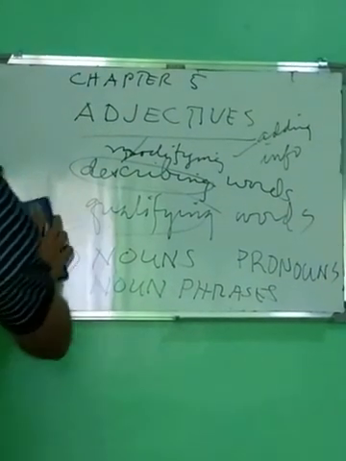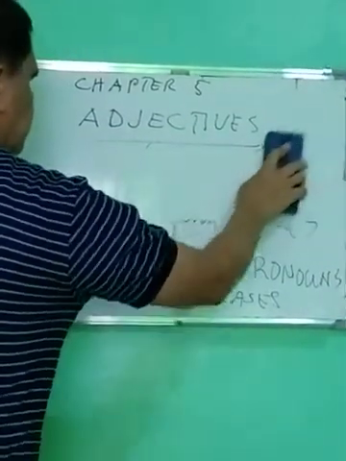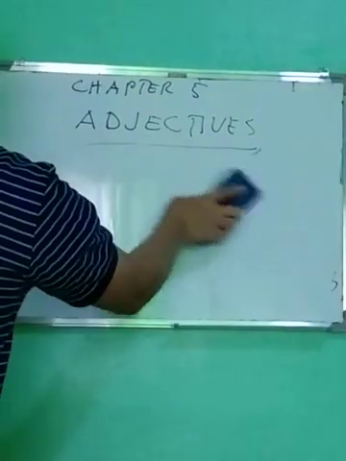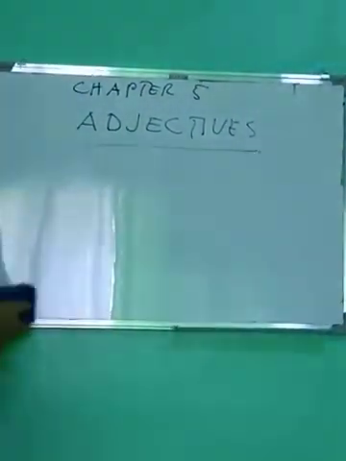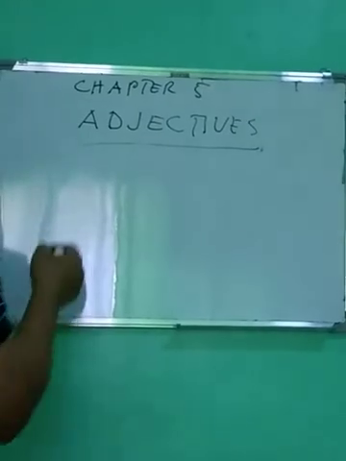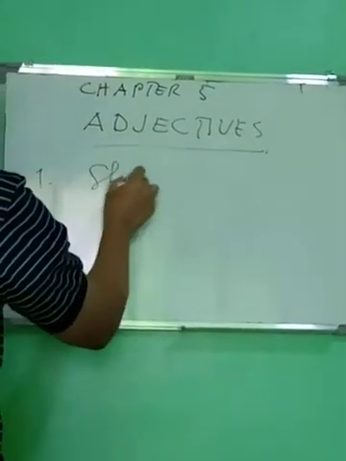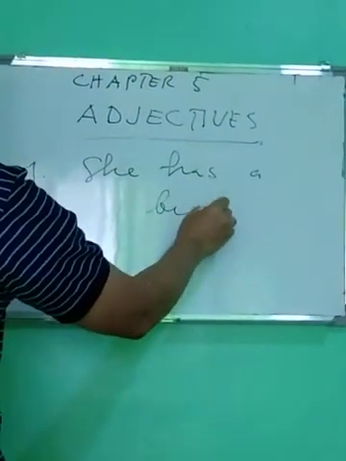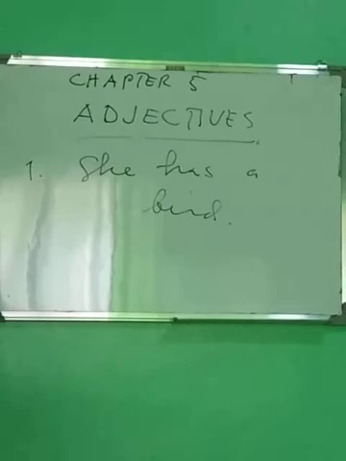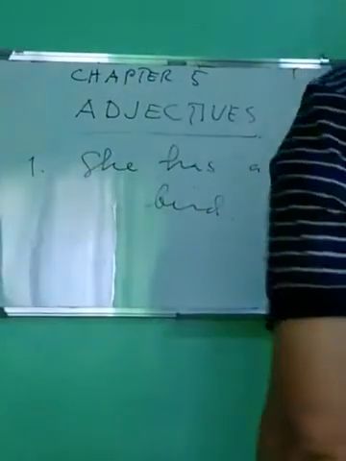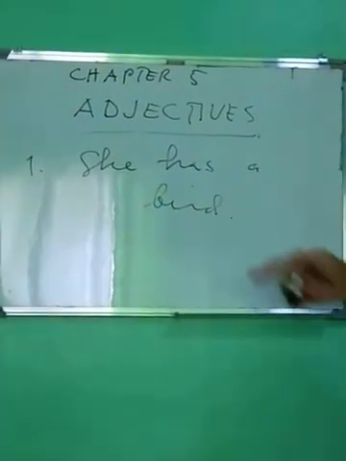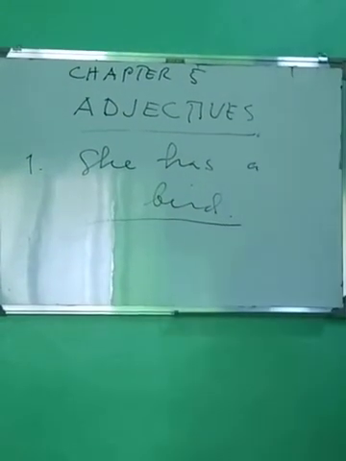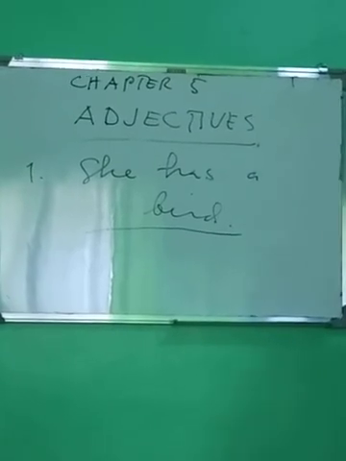Say for instance, you could just imagine, if there were no adjectives as one of the parts of speech in the English language, this sentence: she has a bird. So this one is katawa-tawa, di ba? She has a bird. If you do not put an adjective here, it sounds very absurd.